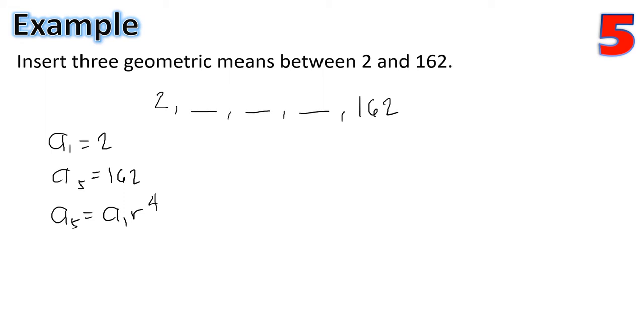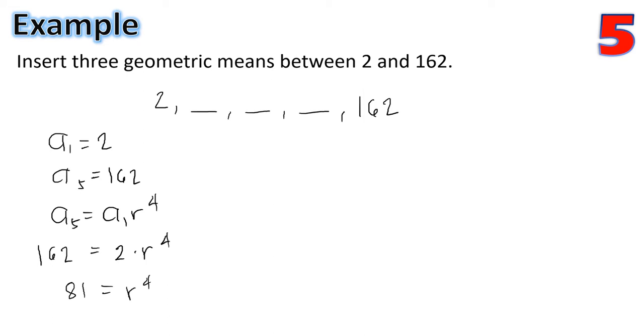Substituting the values, we have 162 is equal to 2 times R raised to 4. Dividing both sides of this resulting equation by 2, we have 81 is equal to R raised to the 4th power.